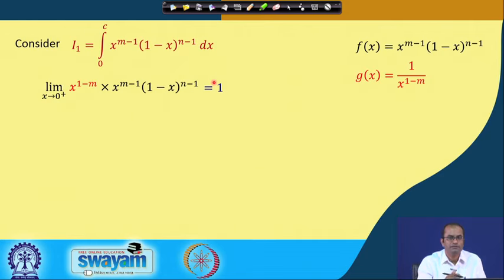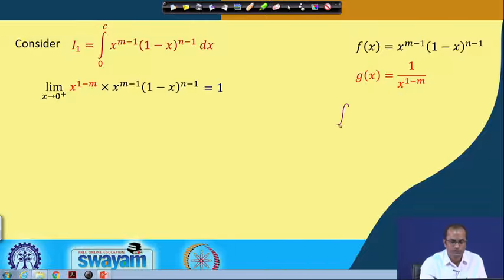Then from the comparison test we have just reviewed in previous slides, we know that the behavior of this improper integral will be the same as the behavior of the integral of the g x function. So, what is our integral of g x? This is the integral from 0 to c of 1 over x power 1 minus m dx.